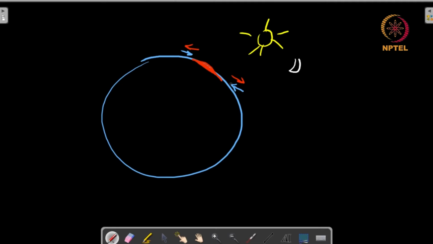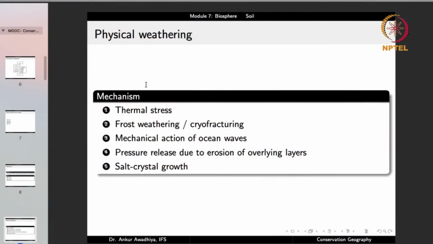So essentially this process of continuous expansion and contraction of the rock can lead to the development of certain breakages in this rock or fractures in this rock. And when the rock breaks, it breaks into fragments, and this breakage is weathering. So rocks can break because of thermal stresses. This is a mechanism of physical weathering.